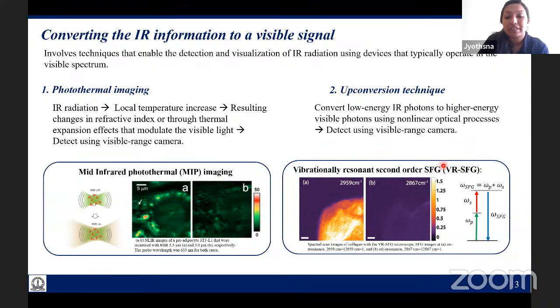This is one representative image that shows an image of collagen using this sum frequency generation process at on and off resonance.